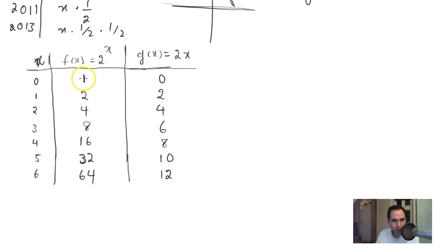So for example here, the output of the function is 1, and 1 multiplied by 2 is equal to 2. 2 multiplied by 2 is equal to 4. 4 multiplied by 2 is equal to 8. 8 multiplied by 2 is equal to 16. 16 multiplied by 2 is equal to 32. And 32 multiplied by 2 is equal to 64.